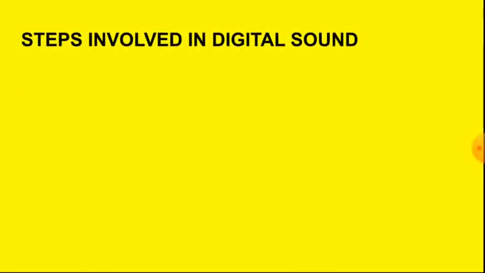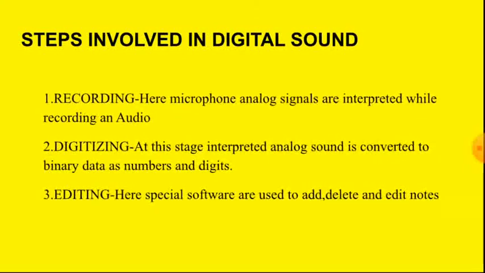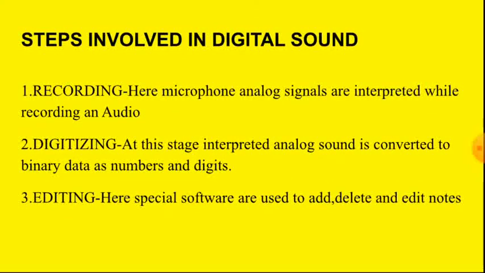Steps involved in digital sound. Recording. Here microphone analog signals are interrupted while recording an audio. Next is digitizing. At this stage, interrupted analog sound is converted to binary data as numbers and digits. Next is editing. Here special software is used to add, delete and edit notes.